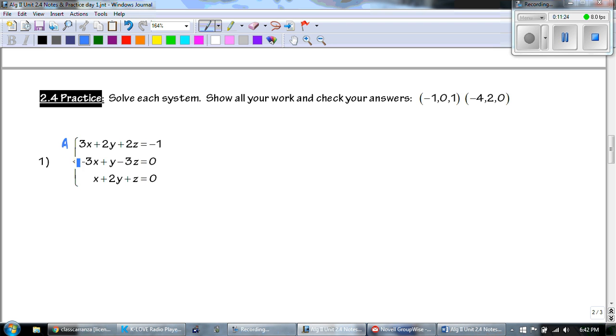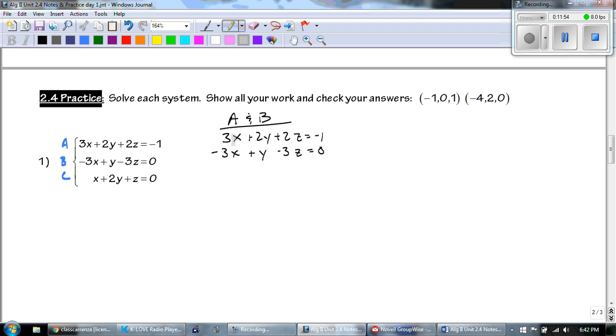So we have A, B, and C. Now remember, the first thing we do is we do A and B. Now, as I'm starting to write these down, do you know what I like right away? Oh, you probably don't, at least not yet. Remember, we want to cancel the x's. That's right.